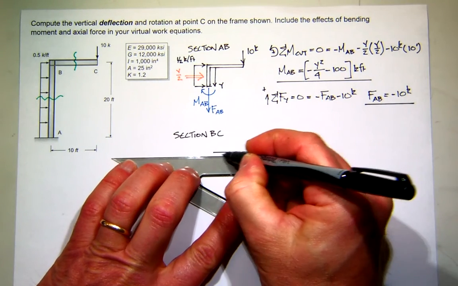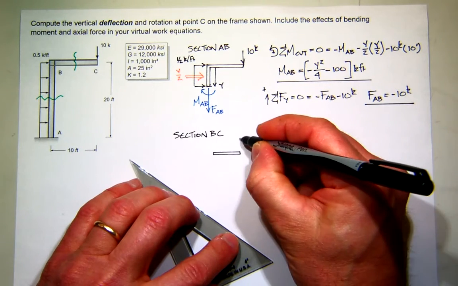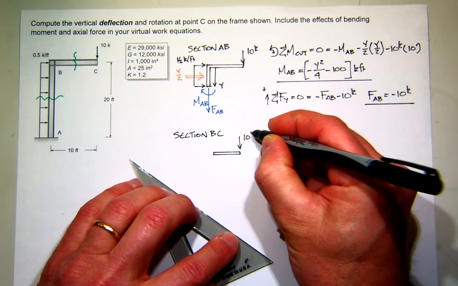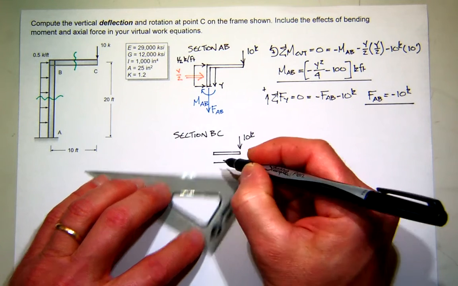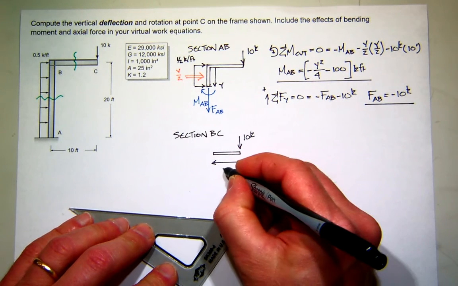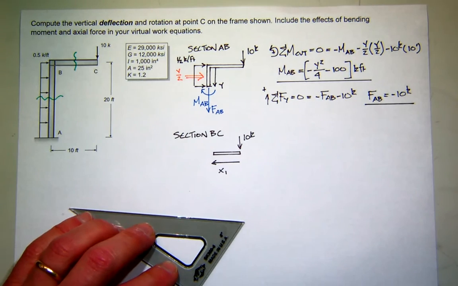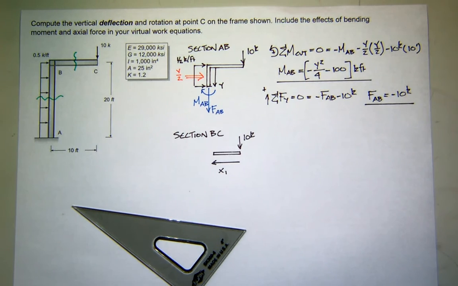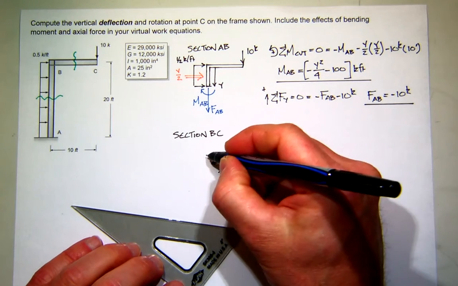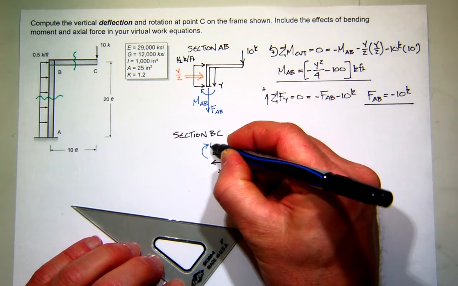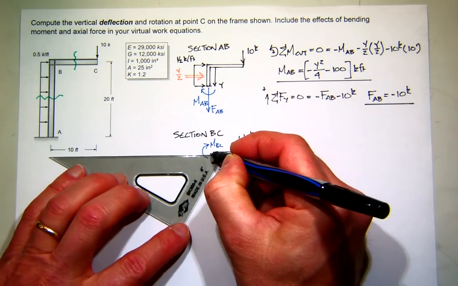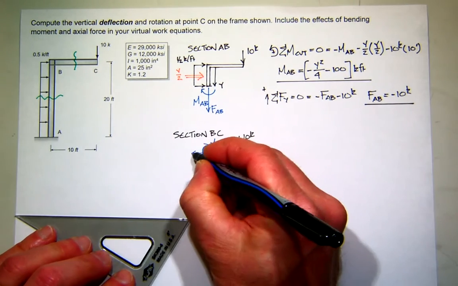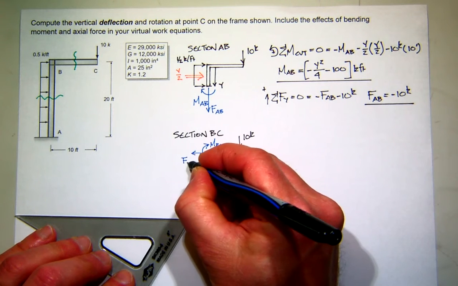So here's my section here with my 10 kip load out here on the end. And I'm going to decide to measure this one in this direction, and I'll call that distance x1. I'm going to be looking for the moment there, and that will be the moment in BC. And I'm going to be looking for the axial force. I'll assume it's tension, and I'll say that's the tension in BC.